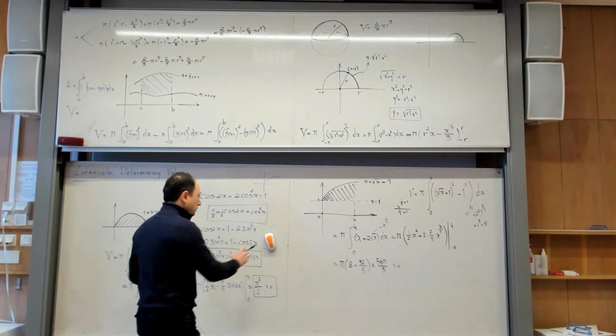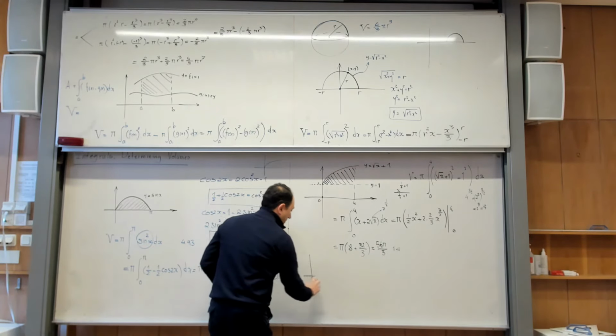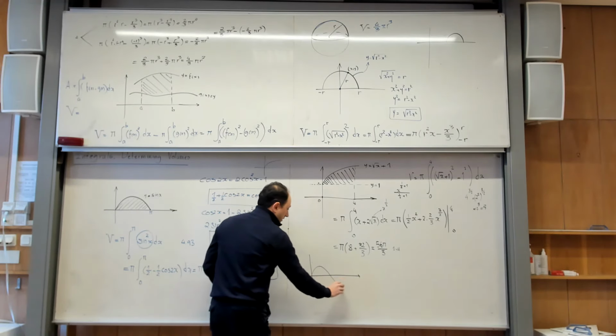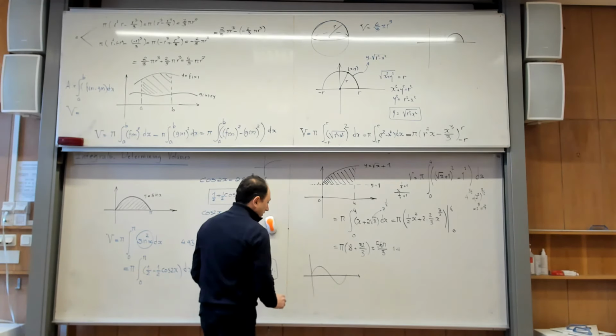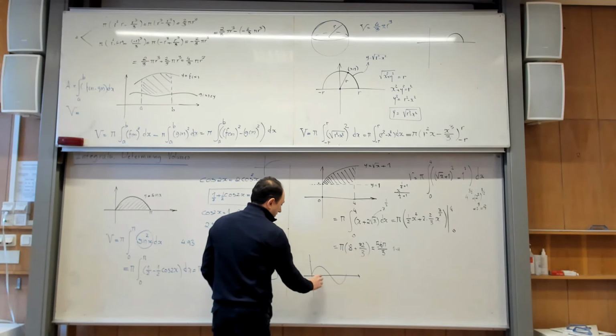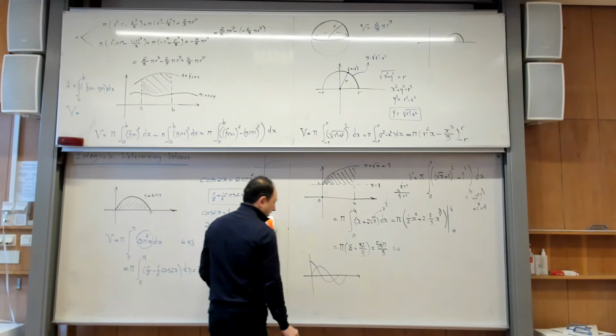But what I want you to write here, and you think about it, is this scenario. I have the sine function here, and then let me draw the cosine function. The cosine function reaches 0 here. Yes? Something like that.